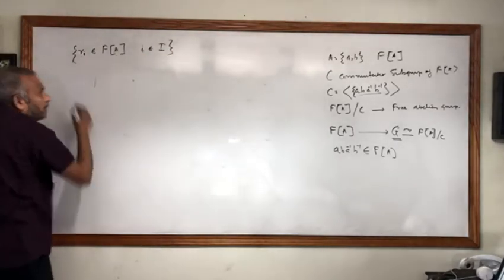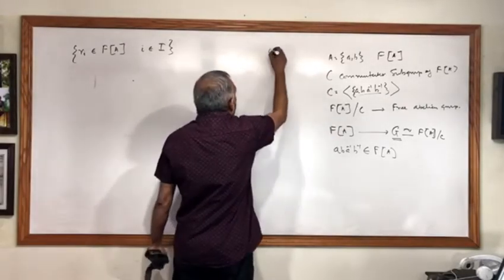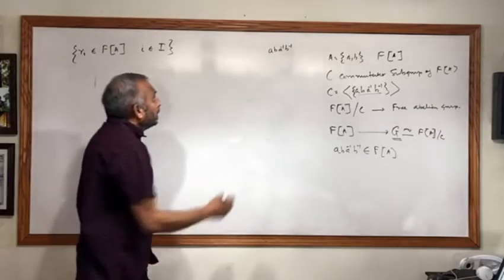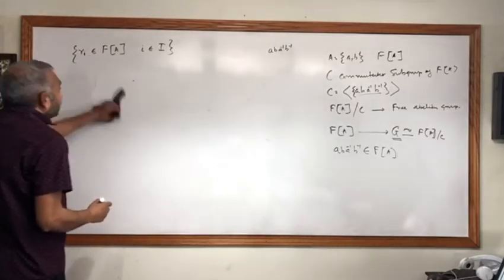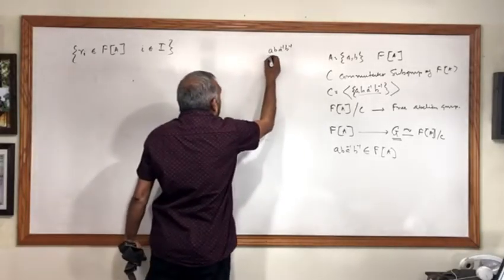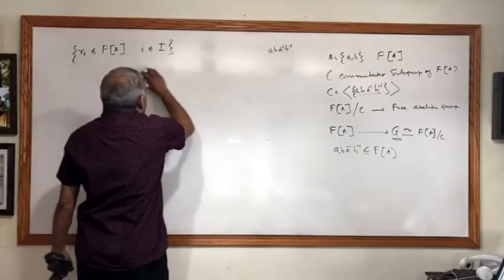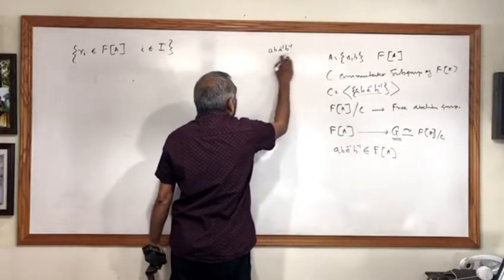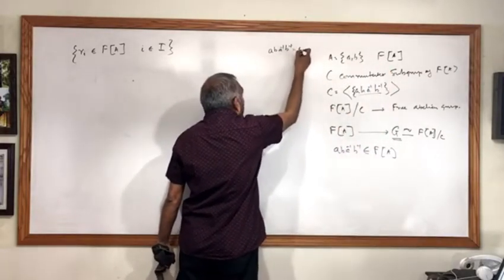One of them is our A inverse B inverse. Okay. So when you say like this, what it means is, whenever you have an element in here where you have a combination like this, replace that with 1.